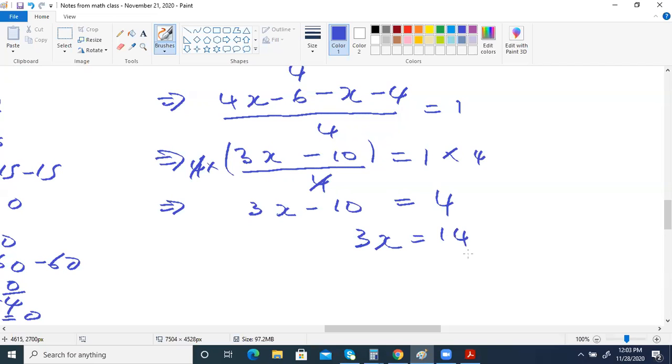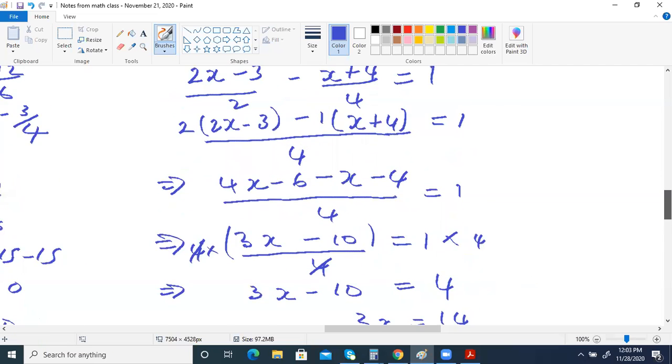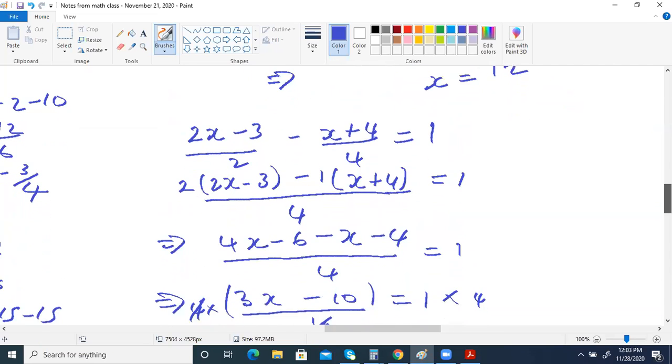We get 14, and then we divide both sides by 3, and we get x equal to, what is this? 3 fours are 12, so 4 2/3, right? So hopefully we're good with that.